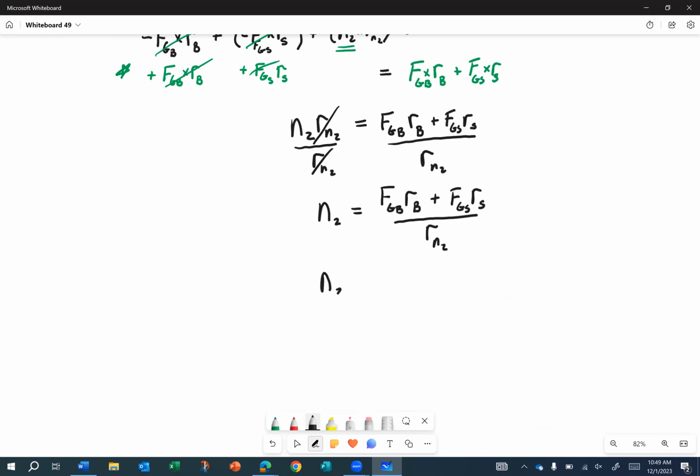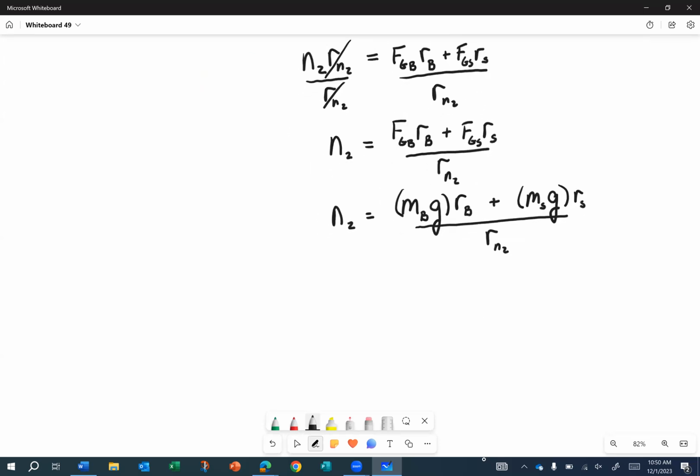So N2 is going to be the mass of the beam times acceleration due to gravity times the lever arm of the beam, plus mass of the student, acceleration due to gravity, lever arm of the student, all over the lever arm of N2.